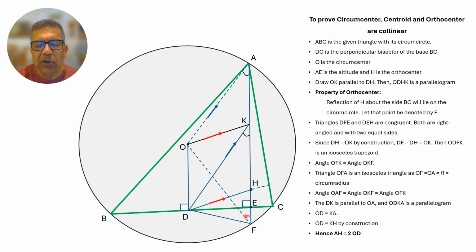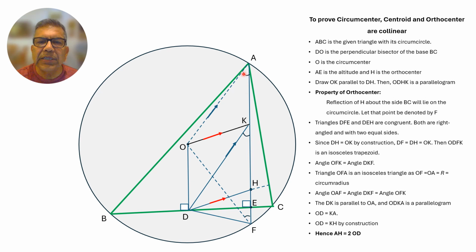So these two angles are equal. Now look at this triangle OFA. It's an isosceles triangle because OF is the circumradius, OA is also circumradius. That means this angle here must be equal to the angle shown here because it's an isosceles triangle.